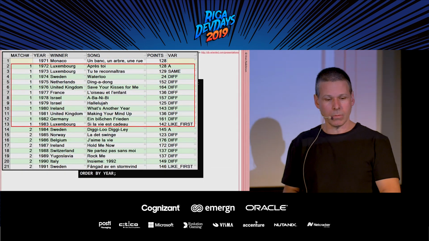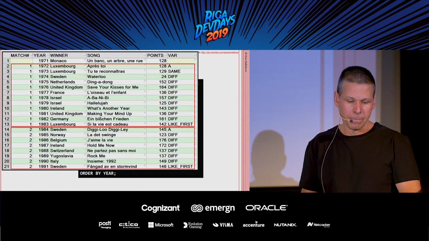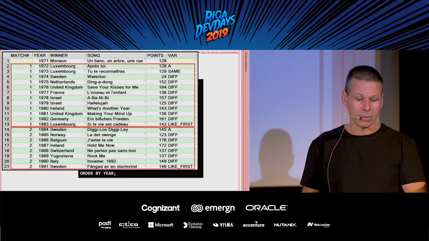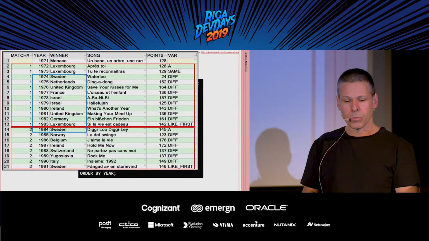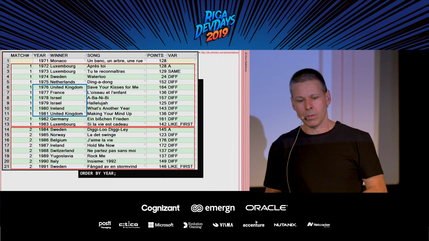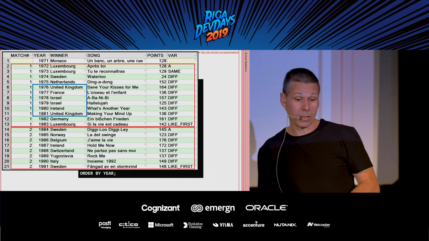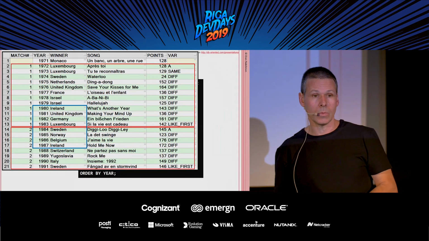So we got this match for Luxembourg as a returning winner, and this one for Sweden as a returning winner. But if we look closer, we can see that Sweden was a returning winner even before. And United Kingdom was a returning winner, and Ireland as well.